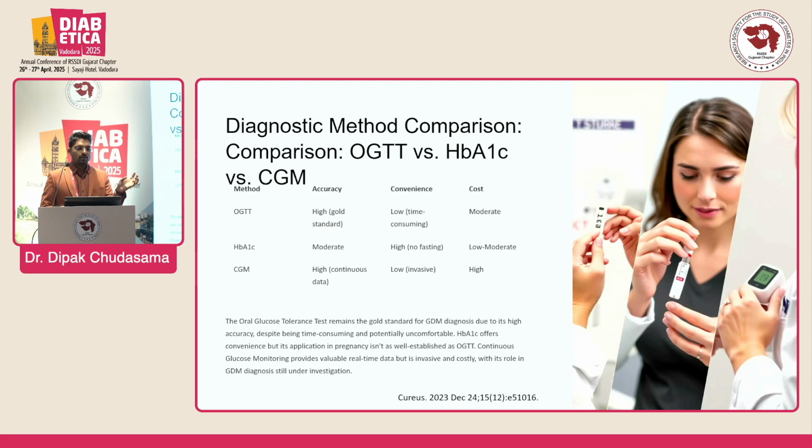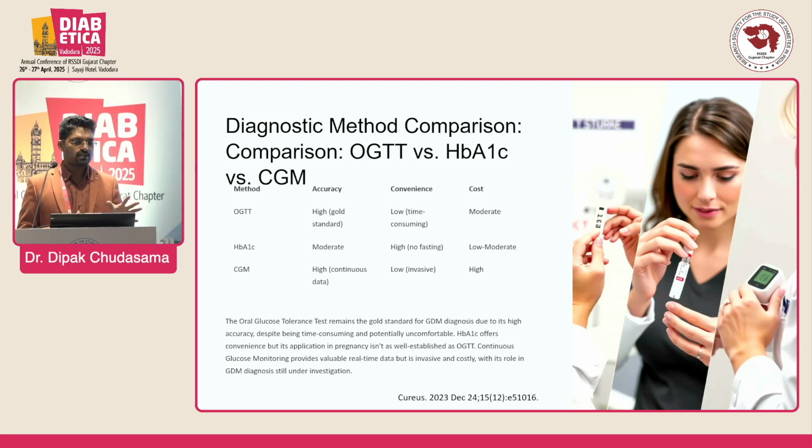Diagnostic method comparison between the oral glucose tolerance test, HbA1c and CGM. Oral glucose tolerance test is the gold standard with high accuracy, whereas HbA1c is moderate accuracy. CGM is again high accuracy, but it's continuous data and costlier. OGTT is low convenience because the patient has to come fasting, then drink glucose, then again come back for the 2 hour and 3 hour data.